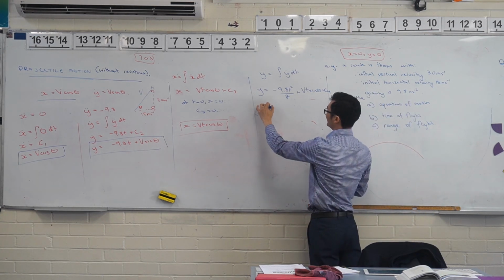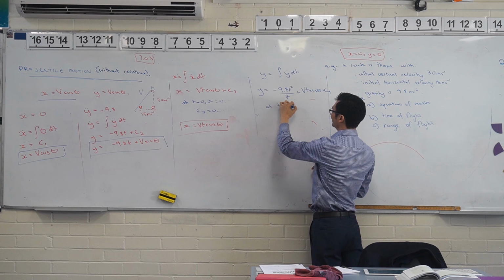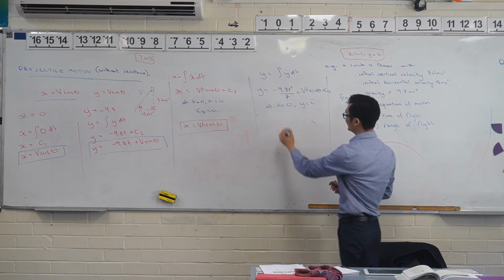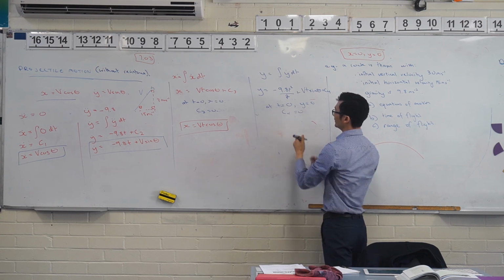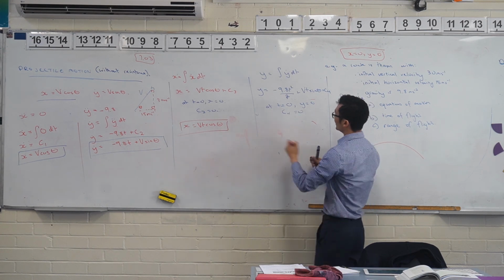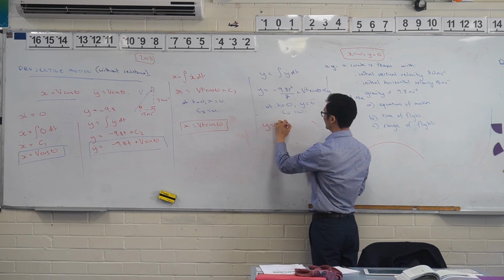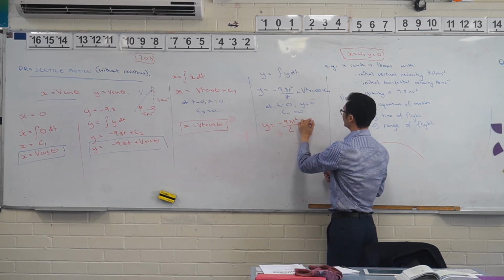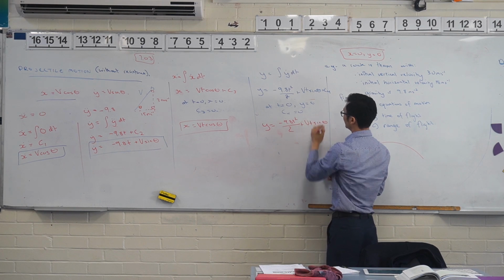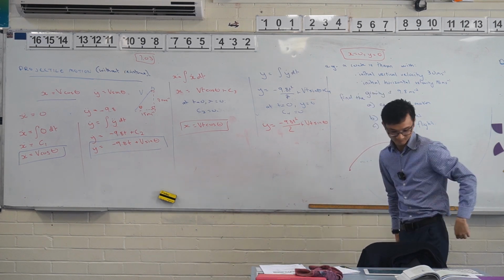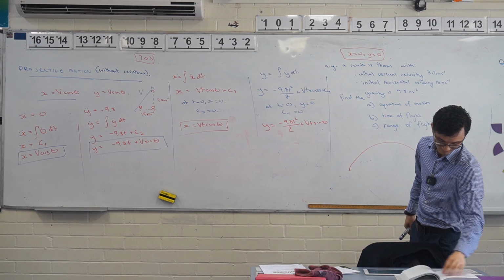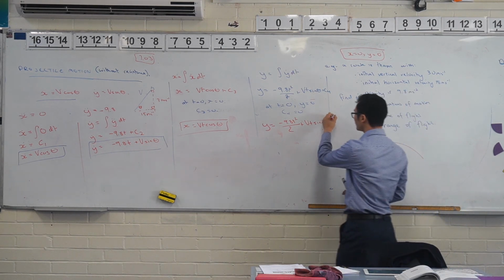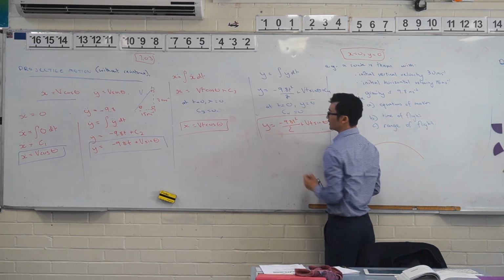And then at t equals 0, y equals 0, and that looks like C4 equals 0 as well. So then our expression, y will equal negative 9.8 t squared on 2 plus vt sine theta. Let's make sure I did everything right there. Yep, looks good. So that's the derivation for the equations of motion.